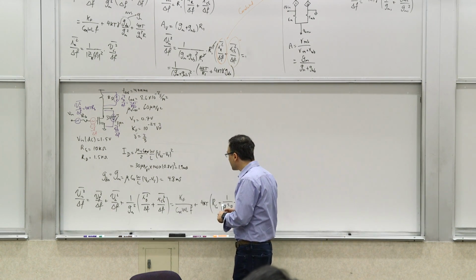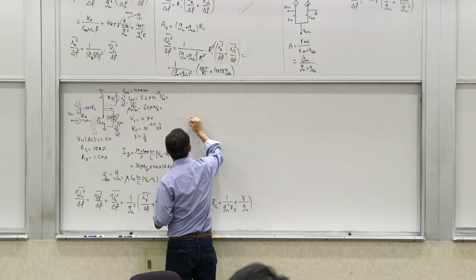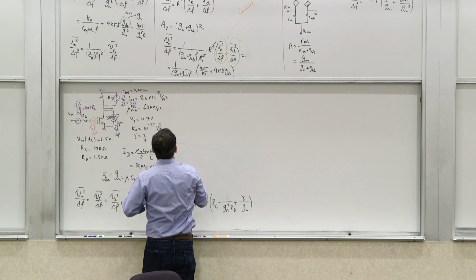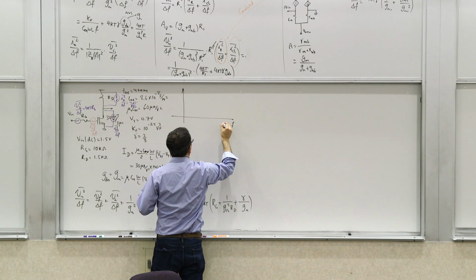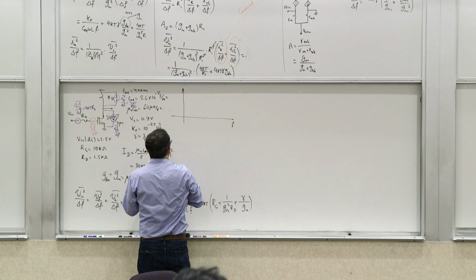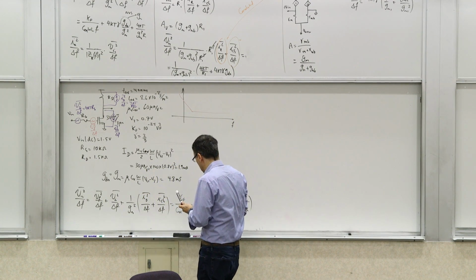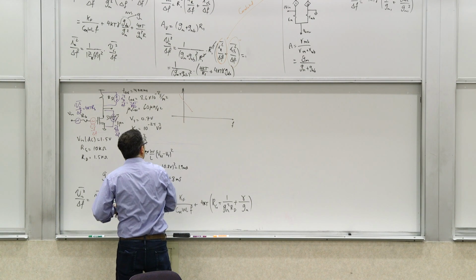Now, if you look at the spectrum of this input-referred noise, what do you see based on this calculation? The spectrum of the input-referred noise is going to have a 1 over f region and then a flat, or white, region.